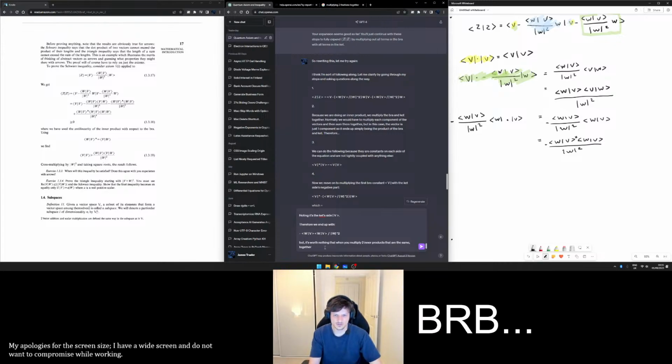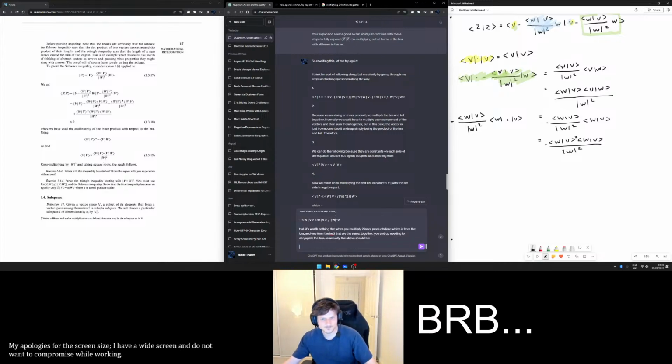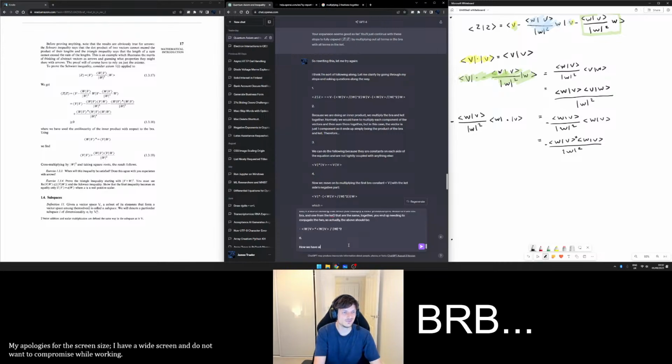Two inner products, one from the bra and one from the Ket, you end up needing to conjugate the two. So actually, the above should be this. 6. Now we have all the parts.